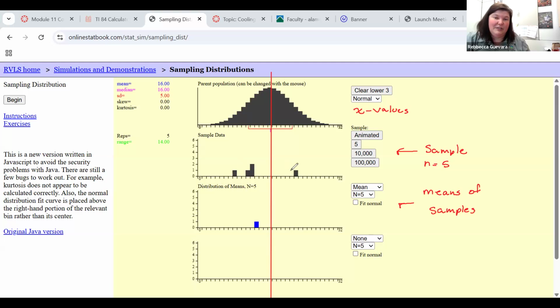So this is a small X, this is a large X, this is a couple more. But when we average them out, even though they're all over the place, they're pretty close to the mean that we have here for the original distribution.